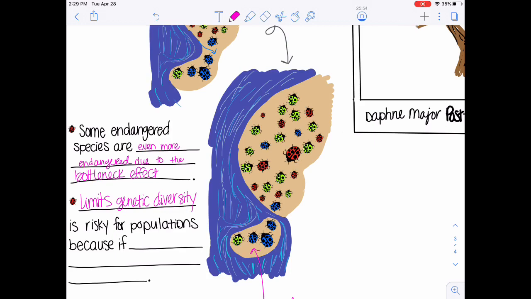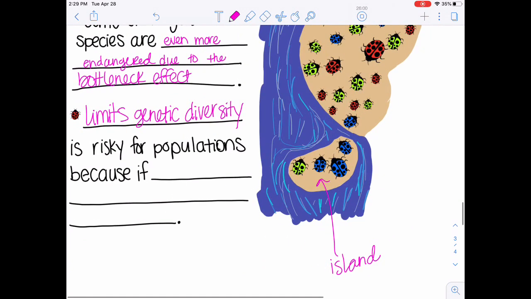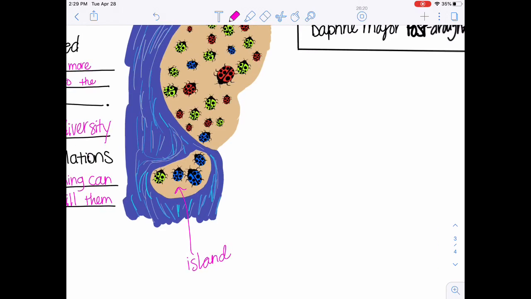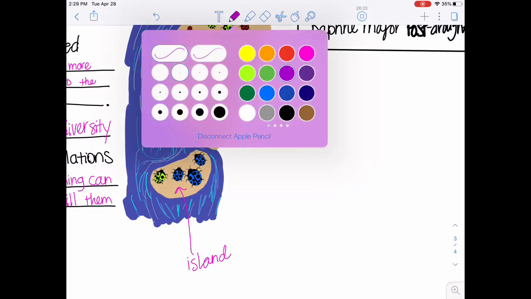If you notice, 3 of the 4 bugs that got secluded on the island are all blue, which means it's likely their offspring will be blue, and therefore this island will probably be blue bugs everywhere, maybe a few green ones here and there, but we've decreased the genetic diversity of that new little population that got formed.